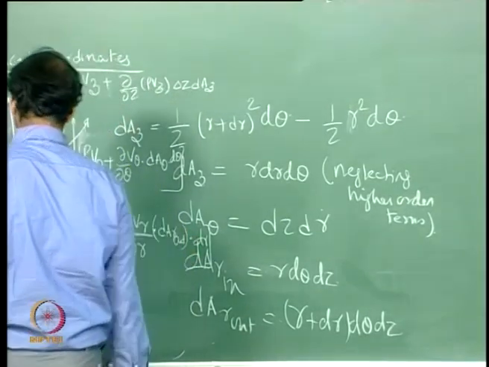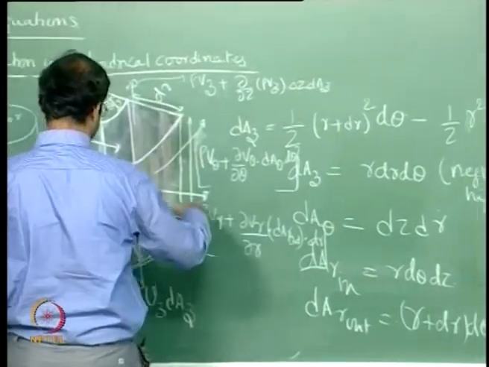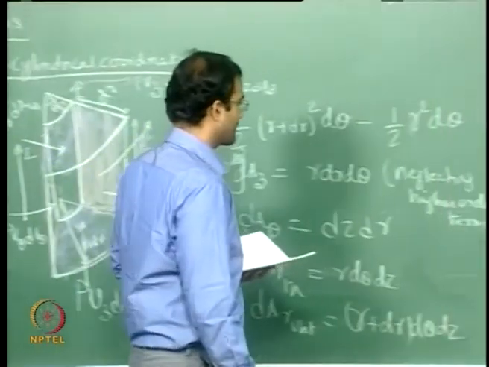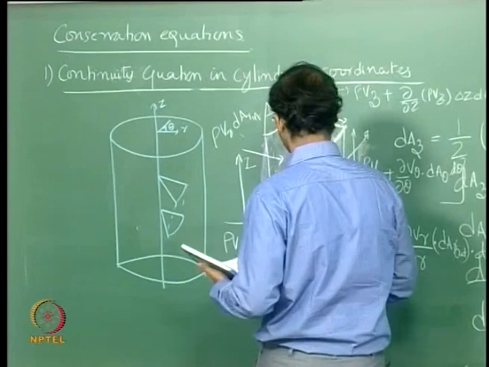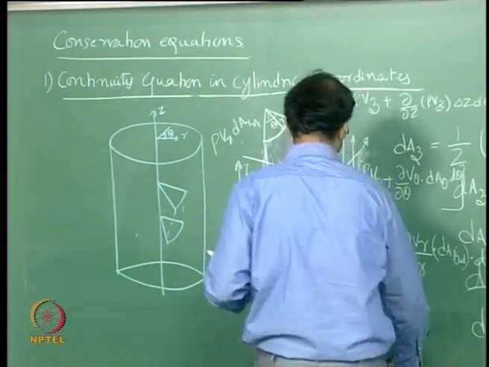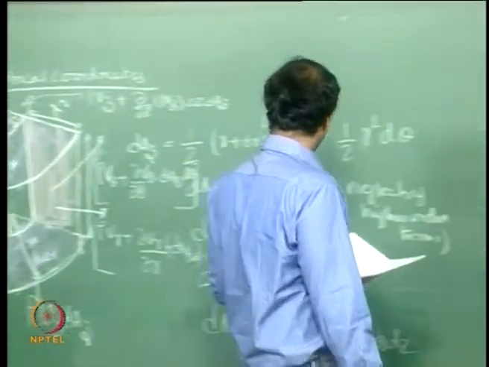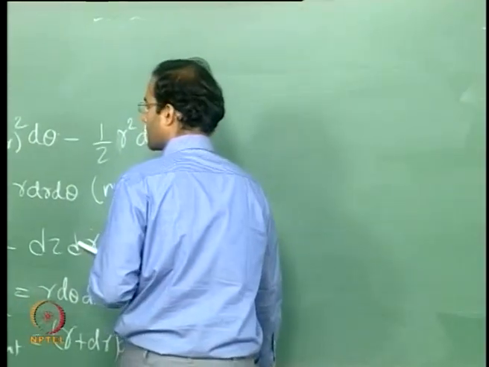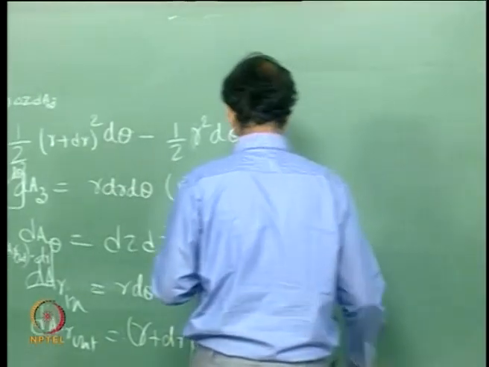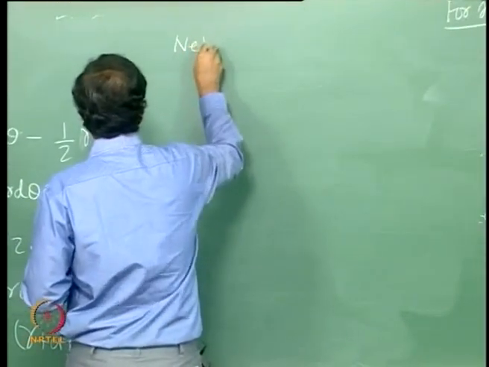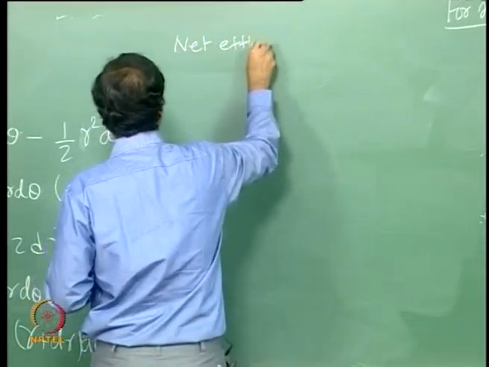Because this is corresponding to the cross sectional area of the plane in the radial direction through which the mass flow rate is leaving. Therefore now we will apply the conservation of mass, and we will express the net efflux of mass in all the directions.